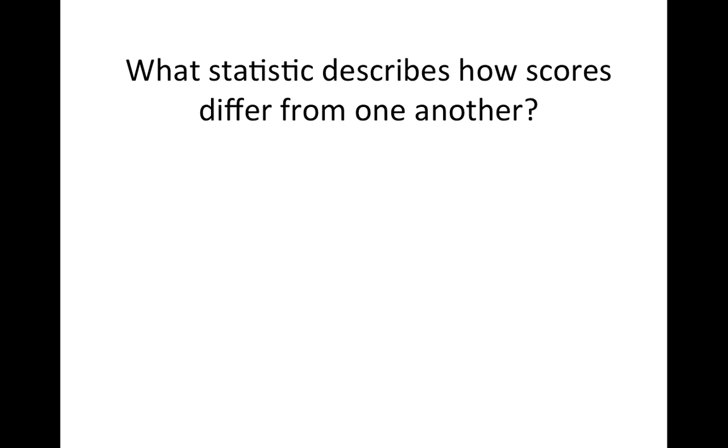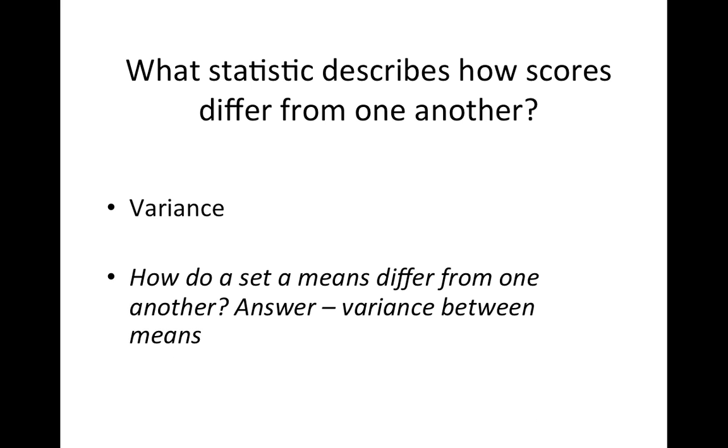In other words, what statistic describes how scores differ from one another? And the answer is variance. Variance is a measure of how the scores differ from one another in a set of scores or in a distribution. So what if we were to look at the variance between means?